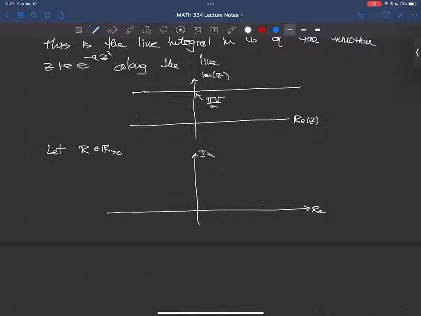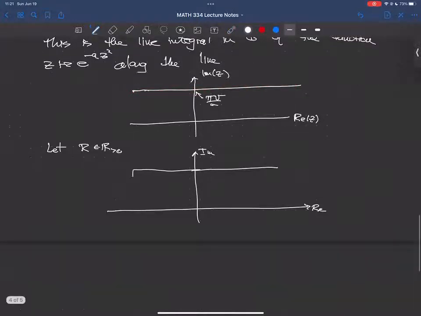Right, and so the contour is going to be like so. All right, so I'm going to take this line that I have here, and then this is minus R here, and R here. Okay, and so the contour is going to just be this box here, like so.